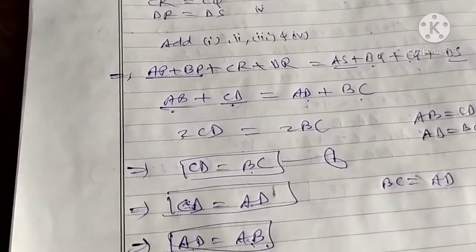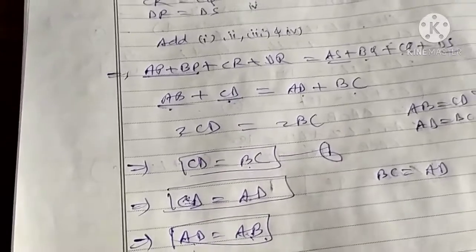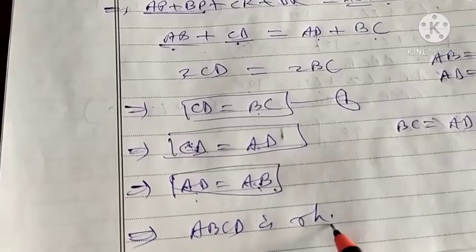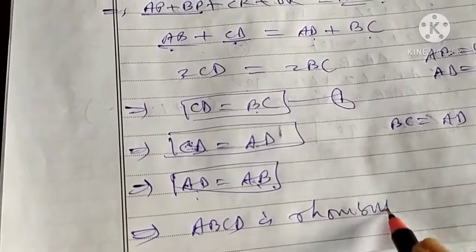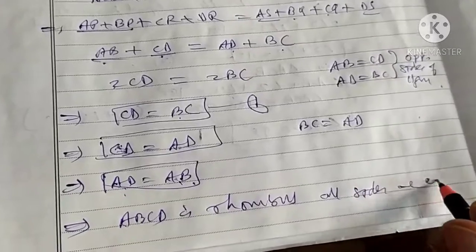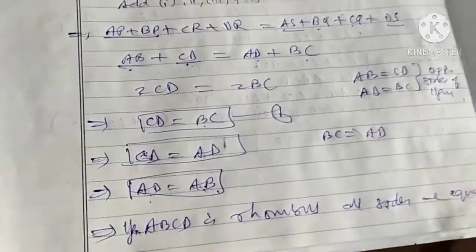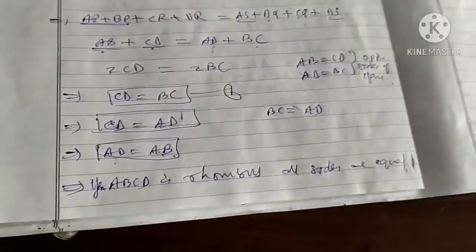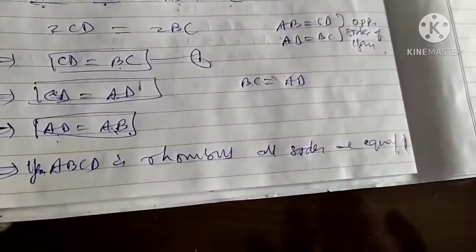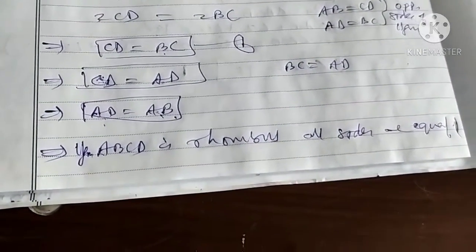So from this we get that ABCD is a rhombus. All sides are equal. So that's all proved. Okay. So you came to know from this, we can prove this very easily, right? We will see the next examples in the next video. Fine. See you.